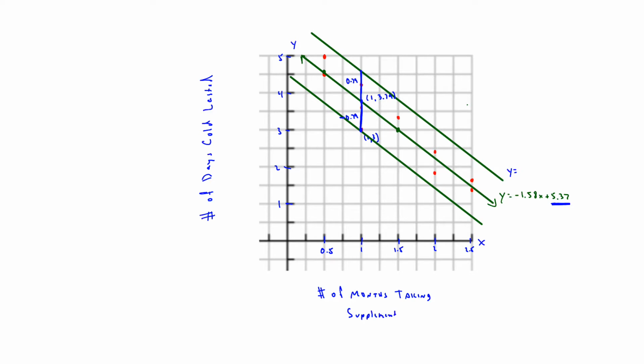So if I keep the same slope for my upper bound, negative 1.58x, and then I add 0.79 to 5.37, I will get 6.16. And if I do the same thing for my lower bound, I keep the slope the same, and then I subtract 0.79 from 5.37, I get 4.58. So those would be my upper and lower bounds.